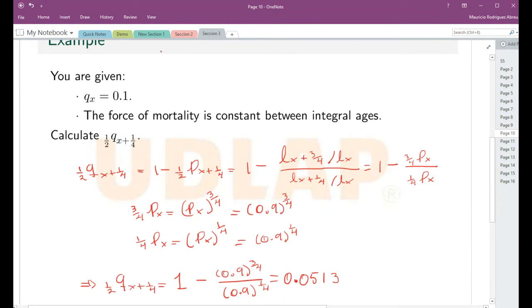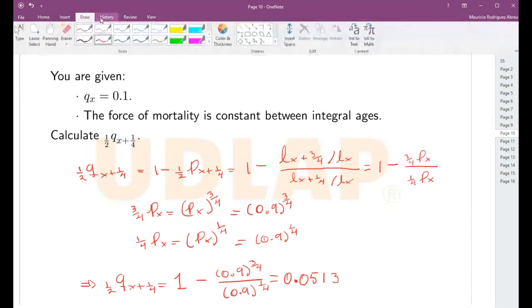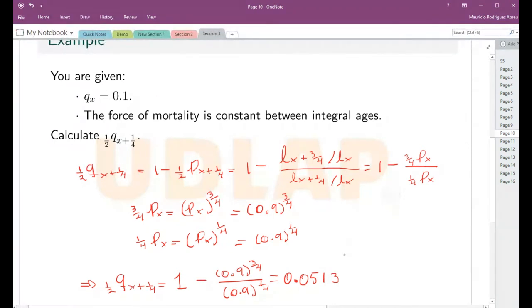Now we have a difference from the previous value, because in the previous example, when we used the uniform distribution of debts, let me change colors. This is just like a note here. On the uniform distribution of debts, what we got for this was 0.05128.